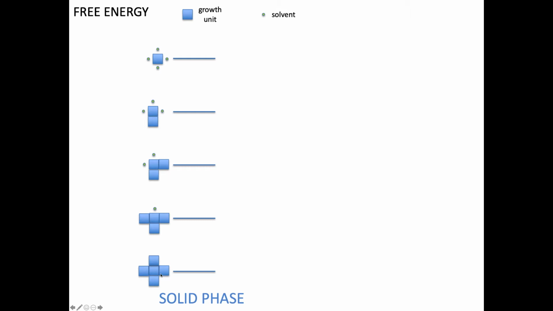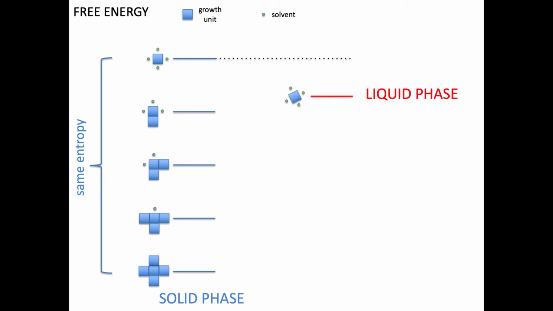Now we make the approximation in the solid phase that these all have the same entropy. So that's the solid phase. These are all coming from the solution phase. So to make the relationship between these free energy levels in the solid phase and the solution phase, it's useful to first of all go via a liquid phase, where we introduce the disorder in the liquid phase.